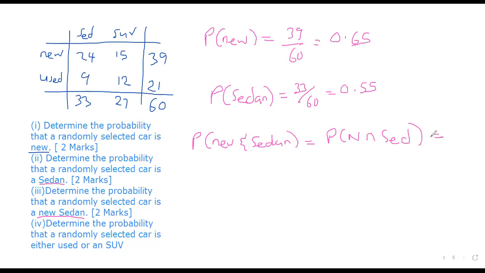So where they meet, what do we get? 24/60. What are you getting? 0.4.